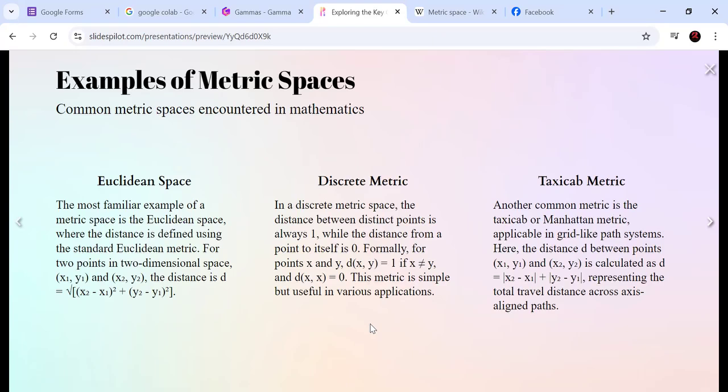In the discrete metric space, the distance between distinct points is always 1. Yani distinct point x is not equal to y is 1, while the distance from a point to itself is 0.